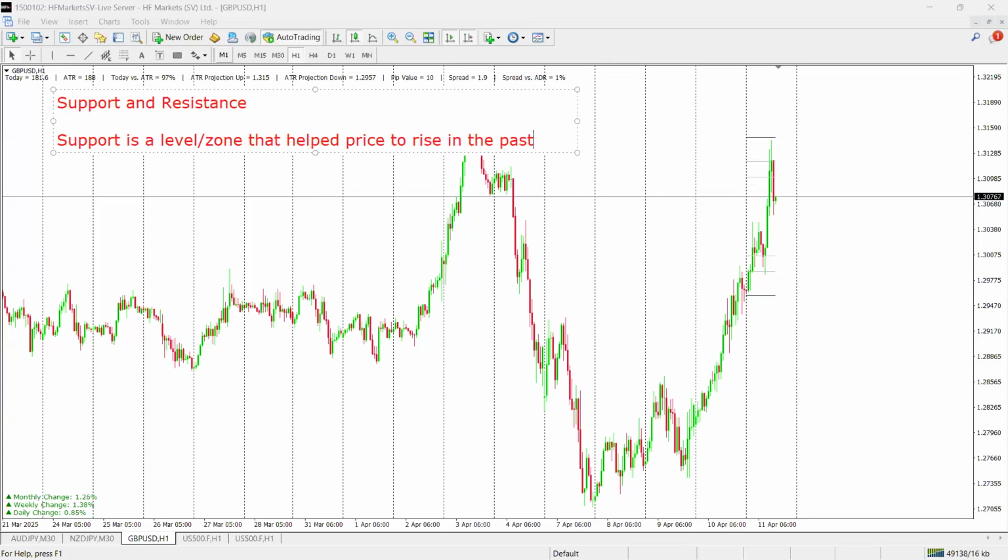It could be any other factor. It could be because buyers are more than sellers. But what we know is it's a level that has helped price to rise in the past, and we expect that it's going to help price to also rise in the present.